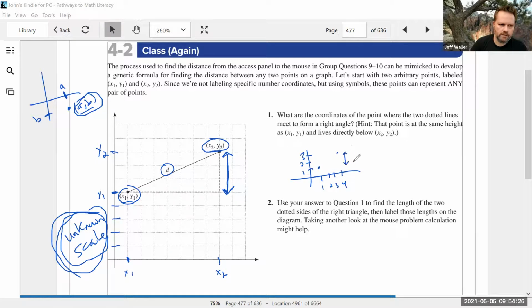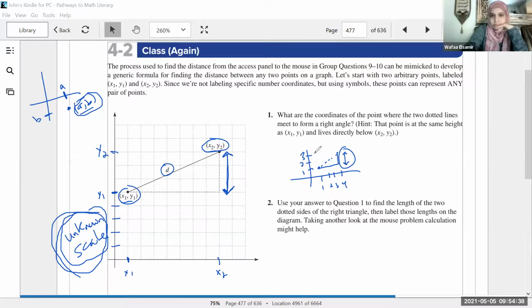What is this distance here? 3 minus 1. What is this distance here?